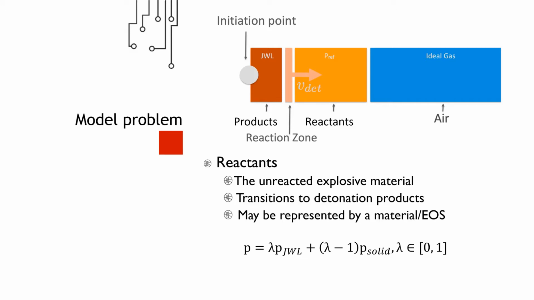Here, lambda is a reaction progress variable. P_JWL will be the pressure of the product phase, and P_solid will be the pressure of the unreacted reactants phase. And then lambda is between 0 and 1.